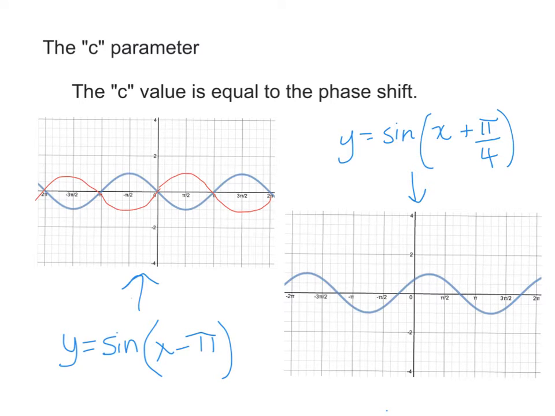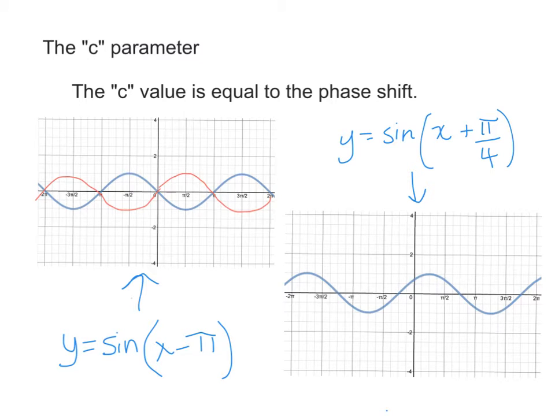You can see if you pick one section of it, say one maximum to the next, it's moved over pi units to the right. Or actually, this is a good point to look at here. That point is shifted over to there, pi units to the right. So pick either a maximum or a minimum or that central point to see how far over it has moved from what it originally was.